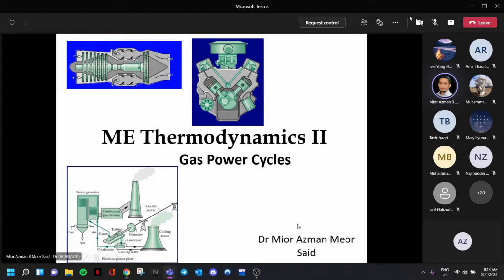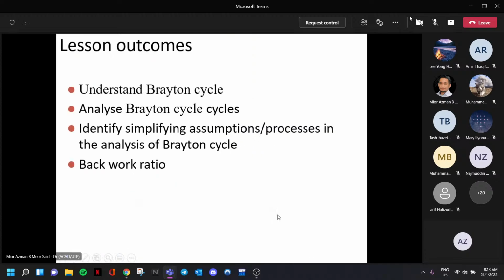Okay, so today we'll look into gas power cycle, still on gas power cycle, but on the gas turbine cycle. Specifically the Brayton cycle.